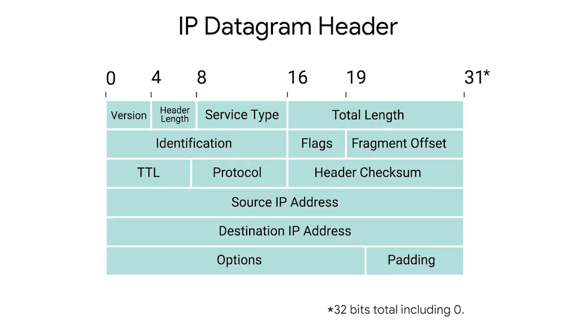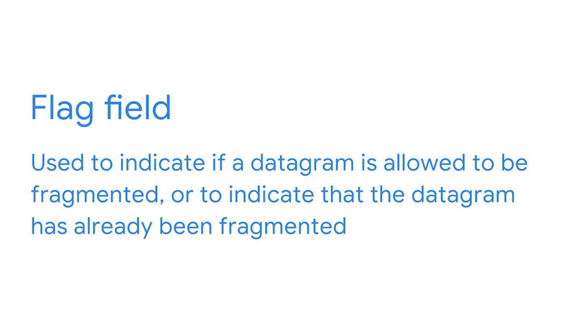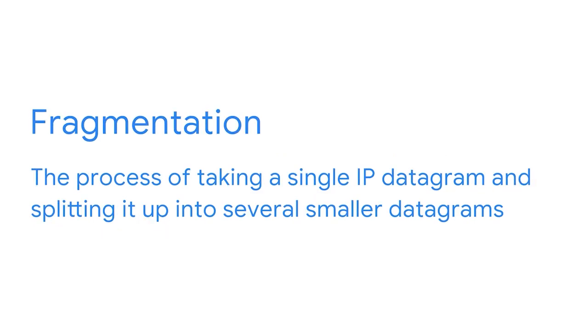Next up, we have 2 closely related fields, the flag field and the fragmentation offset field. The flag field is used to indicate if a datagram is allowed to be fragmented, or to indicate that the datagram has already been fragmented. Fragmentation is the process of taking a single IP datagram and splitting it up into several smaller datagrams.